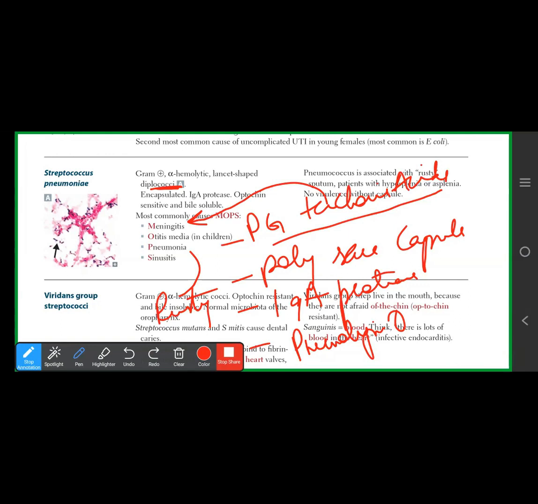Remember all of these: polysaccharide capsule, IgA protease, pneumolysin O, and peptidoglycan and teichoic acid, which can cause virulence in meningitis. Meningitis is in an adult patient, otitis media is basically children, and they have two more concepts: pneumonia, which is usually rusty colored sputum, and sinusitis plus sepsis.